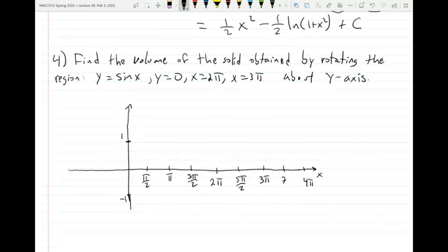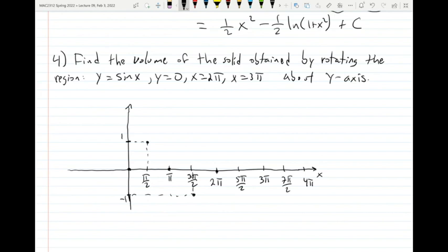And just for completeness, that's 6 pi over 2, and then 7 pi over 2. So the sine function begins down here at 0, then up to 1, down to 0, then -1, back to 0, and then continues the same thing: 1, 0, -1, 0.